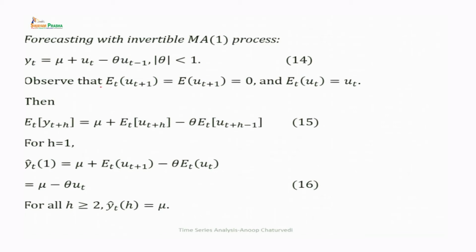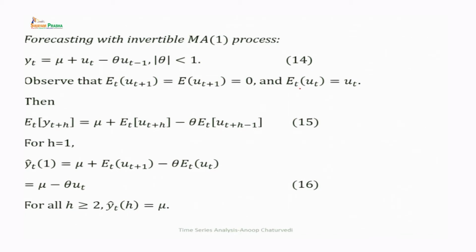Then we observe that E_t of u_{t+1} is equal to the expectation of u_{t+1}, and this is 0, because given time t means u_1, u_2, and so on up to u_t are given, but u_t is a purely random process. So, different terms are independently distributed. So, the expectation of u_{t+1} given u_1, u_2, up to u_t is the same as the unconditional expectation of u_{t+1}, which is 0.